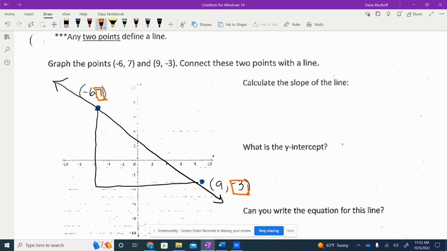It's 10. I subtracted 10. Now I'm going to look at the run. I started here at -6, and I went all the way to +9, +15. So my slope is -10 over 15. What does that reduce to?